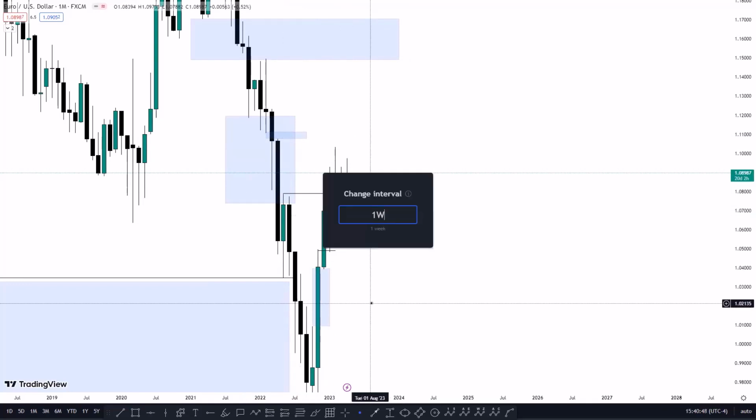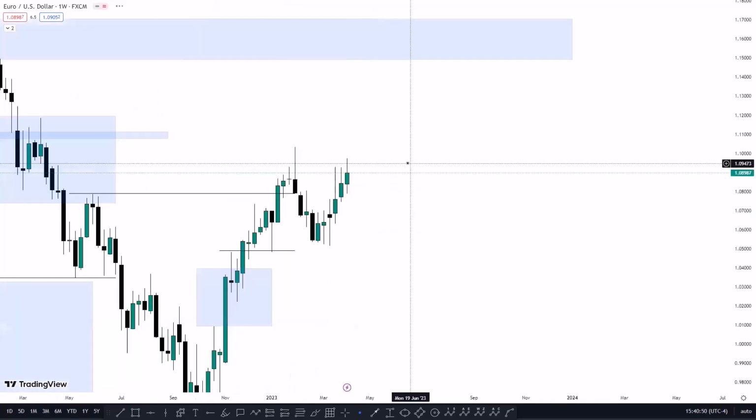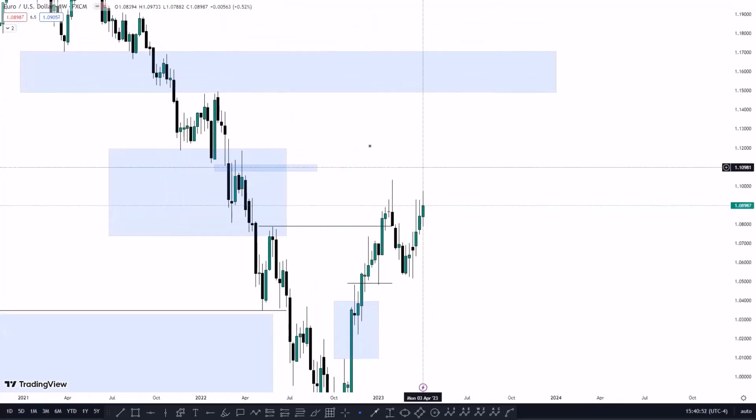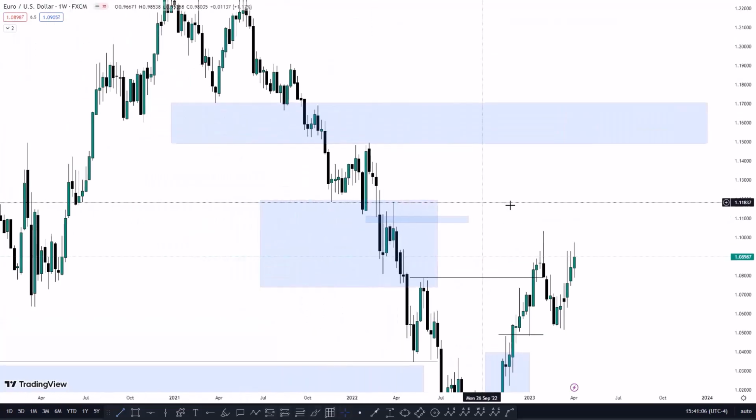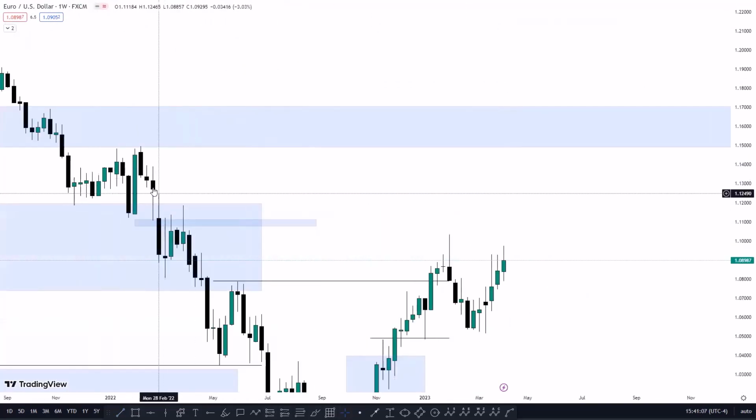Now, on weekly time frame, we have a gap. We have what? We have a gap. This is what we call a gap. When the open price, you see this candle closed here. Now that candle is supposed, you see this candle opened here, closed here.